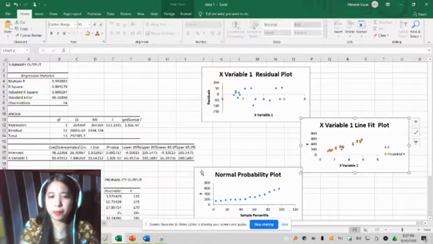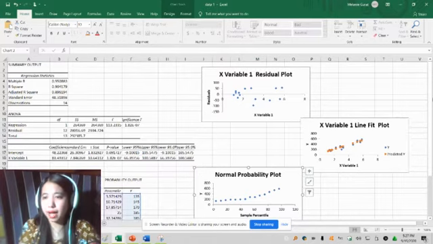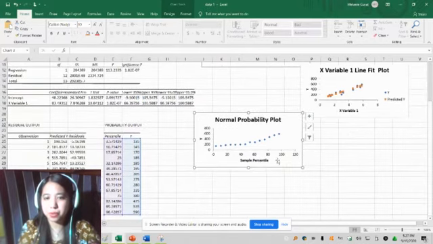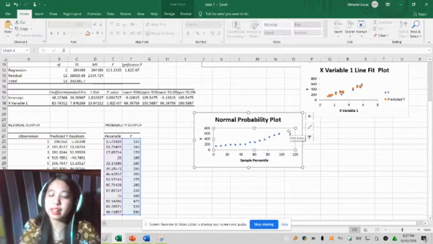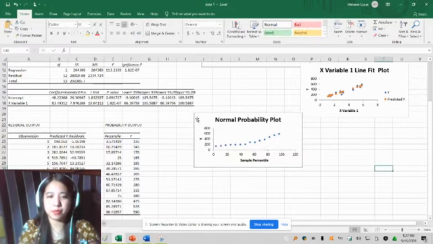Or in our normal probability plot, we can also make use of this. If you can see that it forms a line, just like here, if I draw a line here, it forms a line, it means that the data is normally distributed.